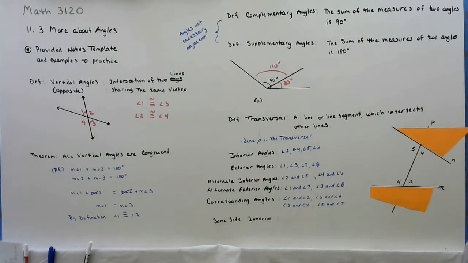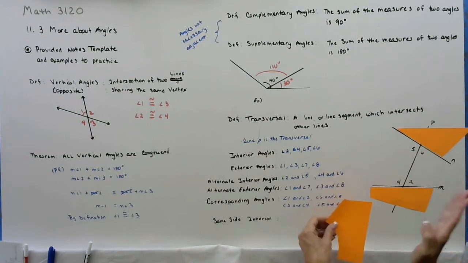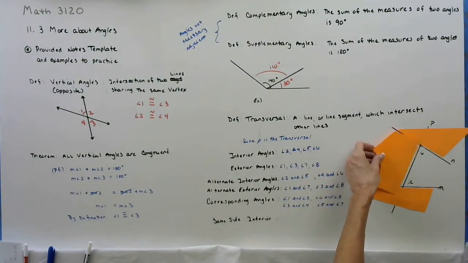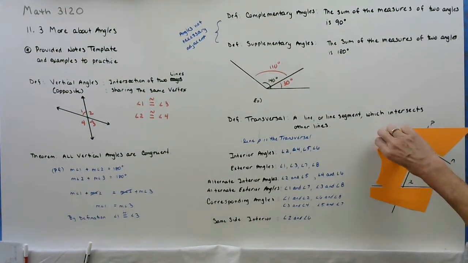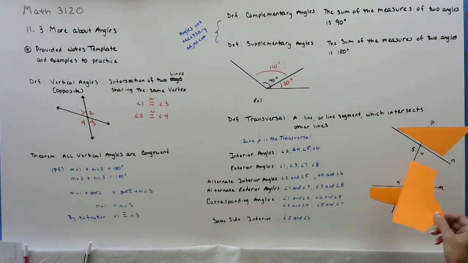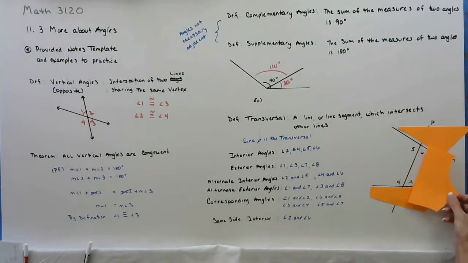Same side means to the right side or the left side of the transversal. So 6 and 2 are considered same side interior. Or our other choice would be same side of the transversal, 4 and 5.